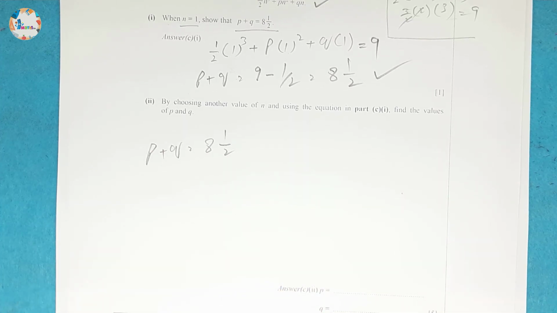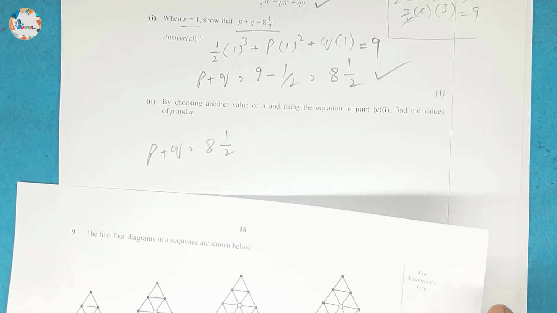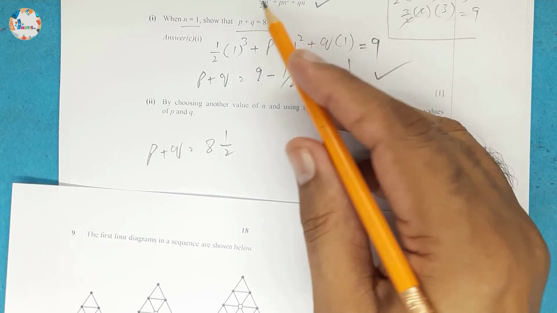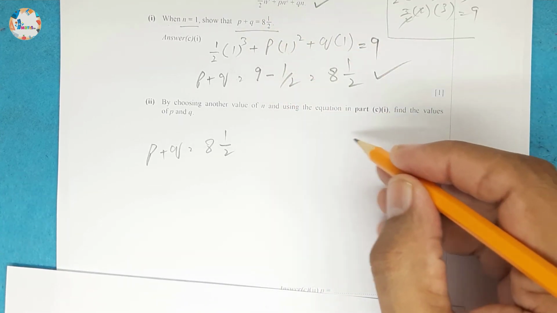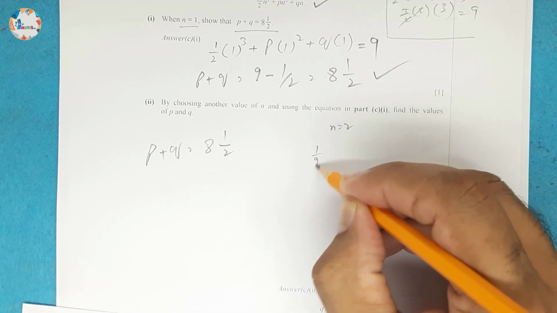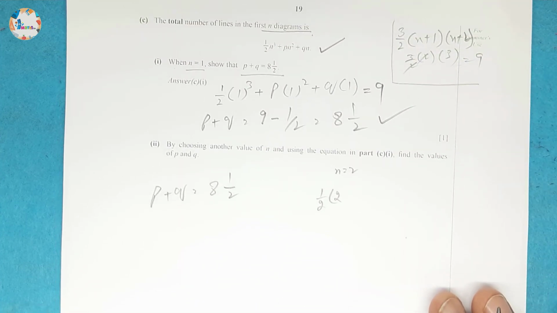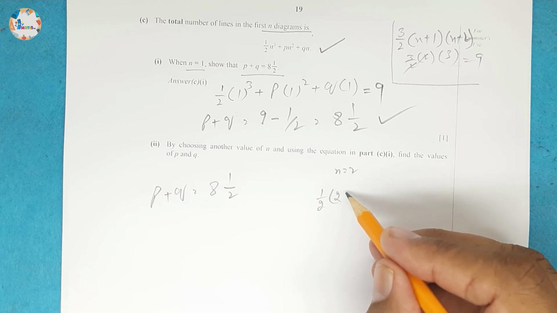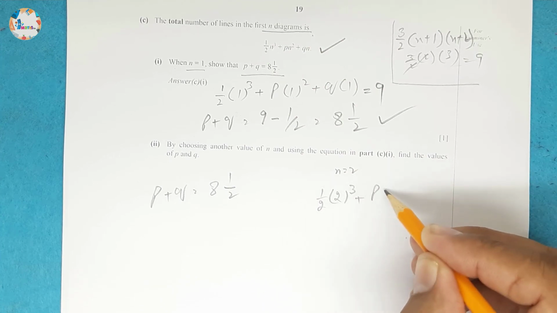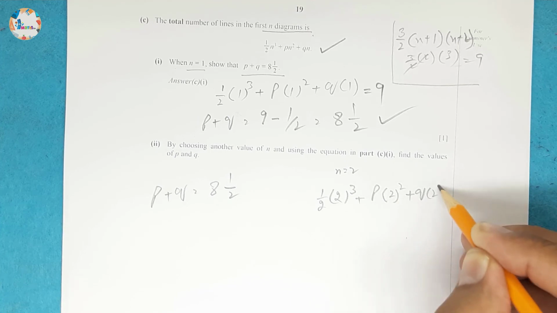And we can write another equation, for example when n is equal to 2. So for n is equal to 2, this one will be 1 by 2 into 2 cubed plus p into 2 squared plus q into 2. I'm replacing in this one.